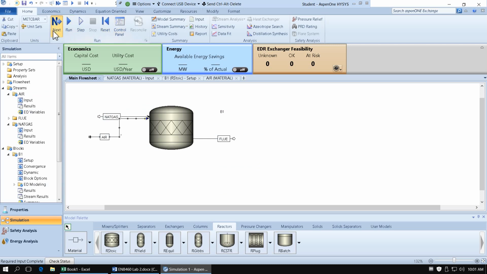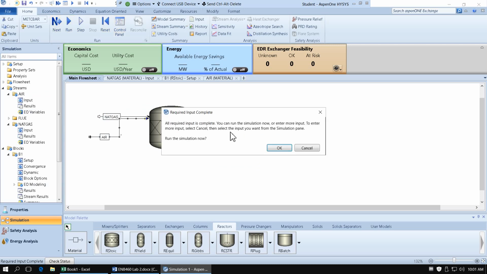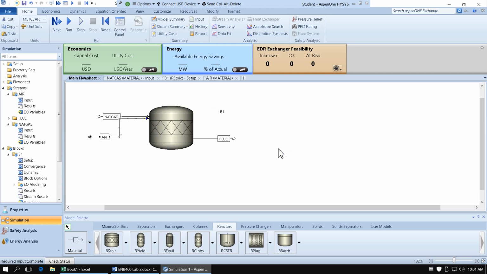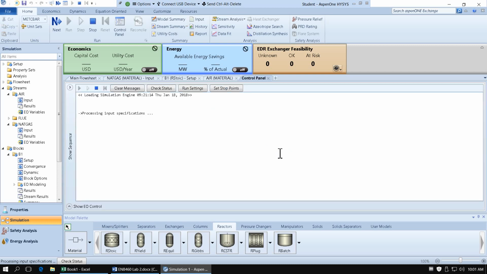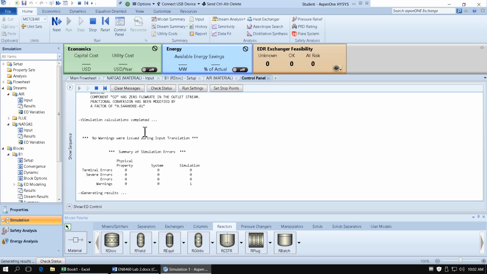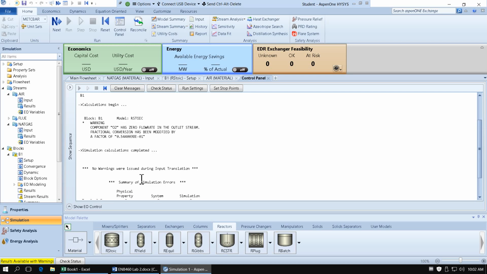If I click next, then Aspen should ask me to run the simulation, which I will do now. Last time I pointed out that the control panel tells you if your simulation has run well or if there are errors or warnings. This time we have a warning, and it's telling us that component O2 has 0 flow rate in the outlet stream.